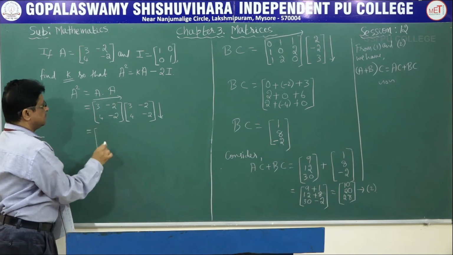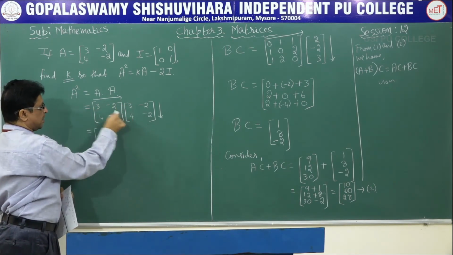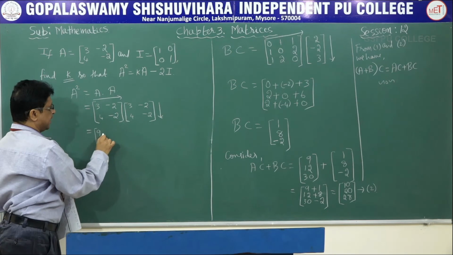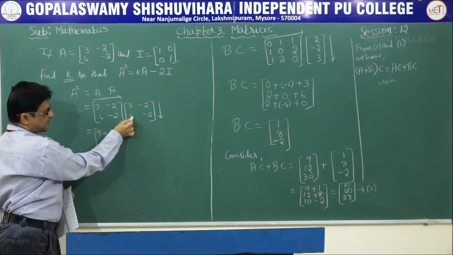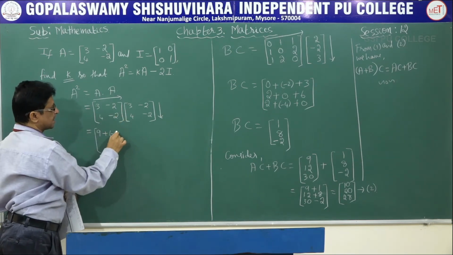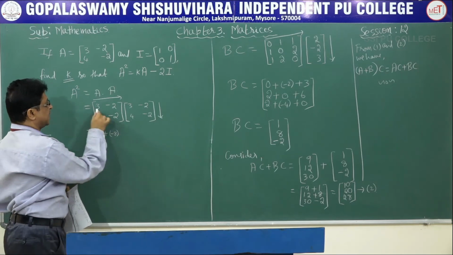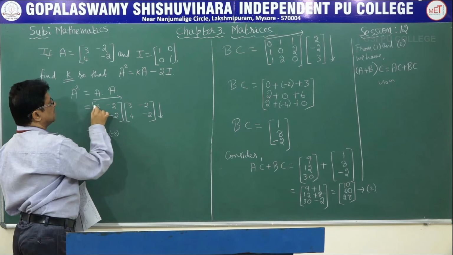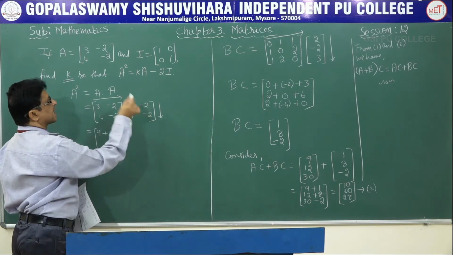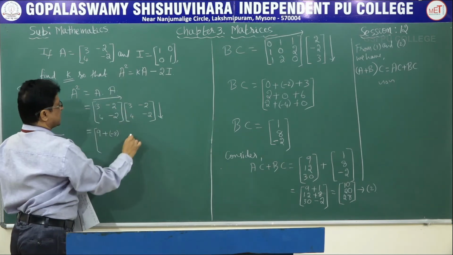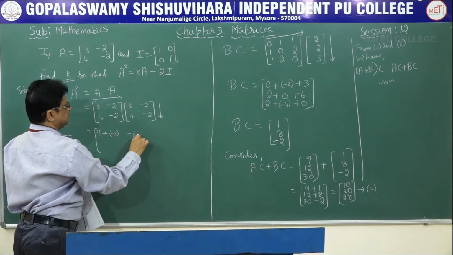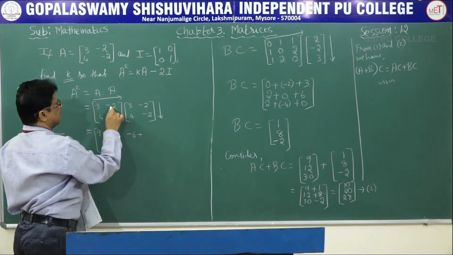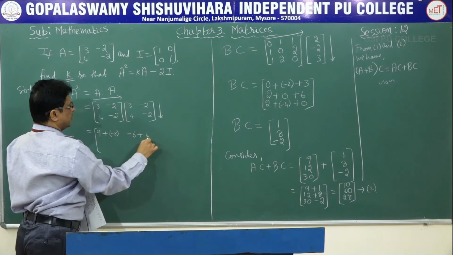That will be equal to first row into first column. 3 3s are 9 plus minus 2 into 4 minus 8. Next element is first row into second column. 3 into minus 2 minus 6 plus minus 2 into minus 2 plus 4.